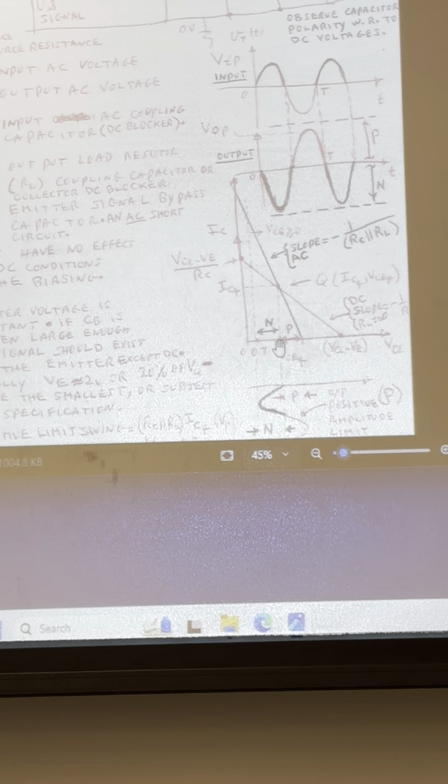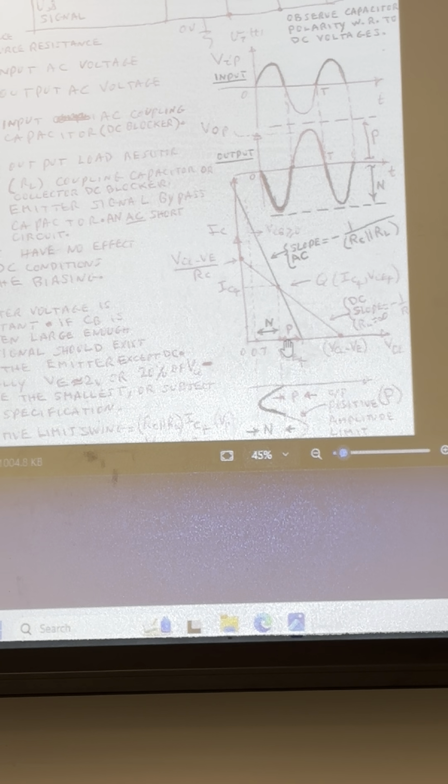The amount that you can signal the transistor before reaching cutoff is this much, P, which is the base of that right angle triangle. Because we know the slope of this line from the AC model, and we know ICQ, we can show that the P quantity is ICQ multiplied by RC parallel RL. So this will be the positive swing coming across the load resistor, the amplitude of the positive swing available from the amplifier.